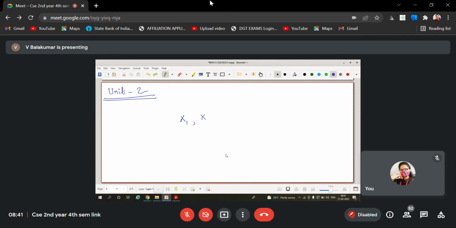Now I say that both of them have the same distribution. Another random variable, many random variables I have. Can you give an example for this situation? Many random variables with the same distribution.